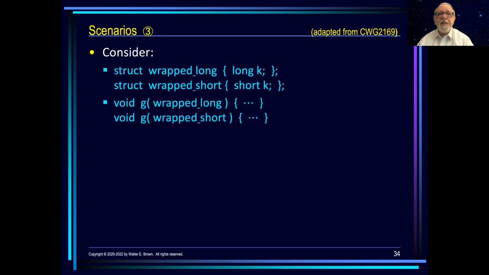This is a valid overload set. The parameters are distinguishable types. Now let's look at a call. And I'll tell you up front, this call is ambiguous. Take a moment to think about it. I'll be right back.